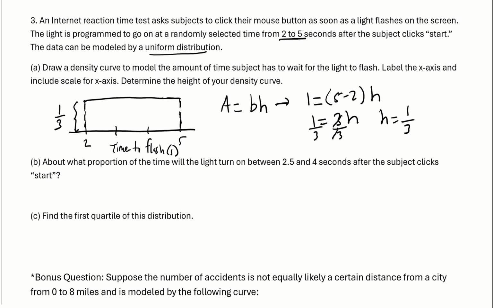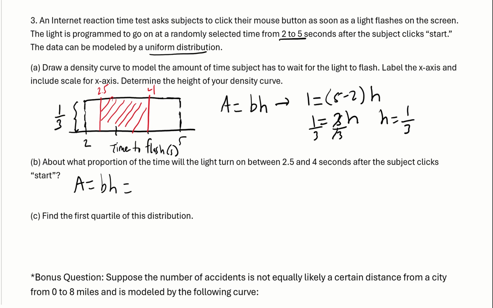Now for part B, about what proportion of the time will the light turn on between 2.5 and 4 seconds after the subject clicks start? So between 2.5 and 4 seconds. So we want this area right here. So we have to calculate that area. So the area of that red portion is base times height, right?